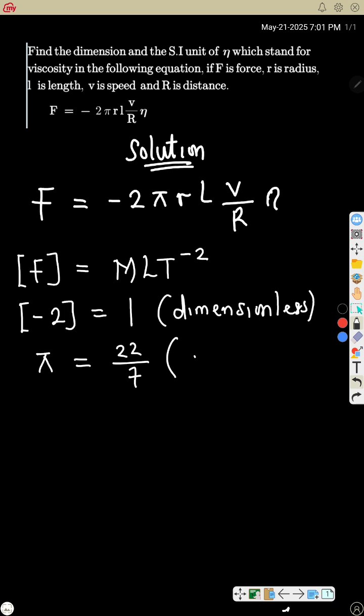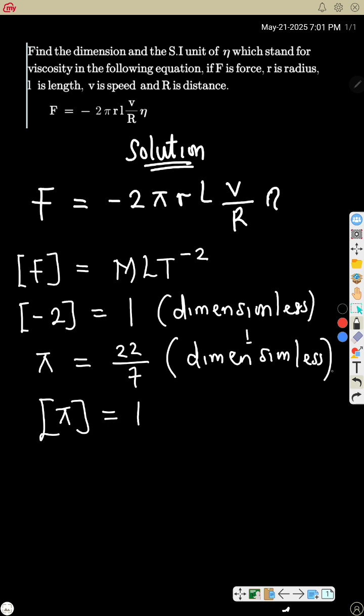So it is also dimensionless because it's a constant. So the dimension of pi will also be 1.